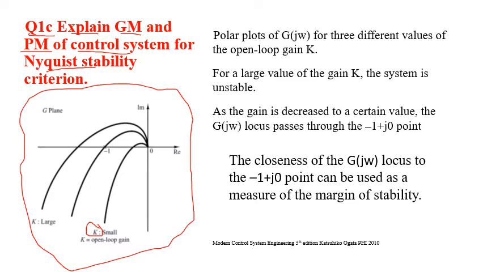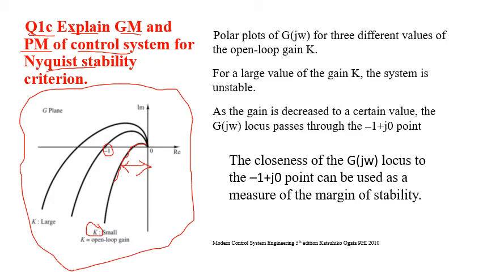Now if you plot the polar plot with respect to the variation in gain, that is the K factor, you will find that when the gain value is small, you are encircling before -1.